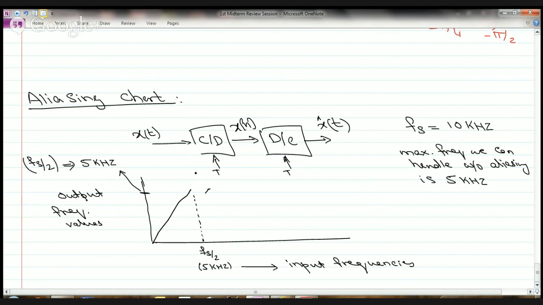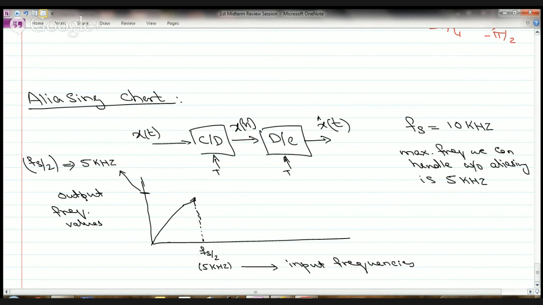So the output frequency is exactly the same as the input frequency up to 1/2 the sampling frequency. Okay, this is a straight line.